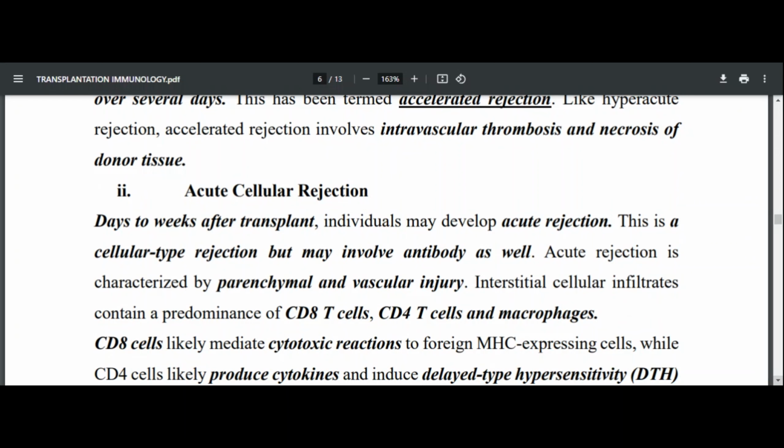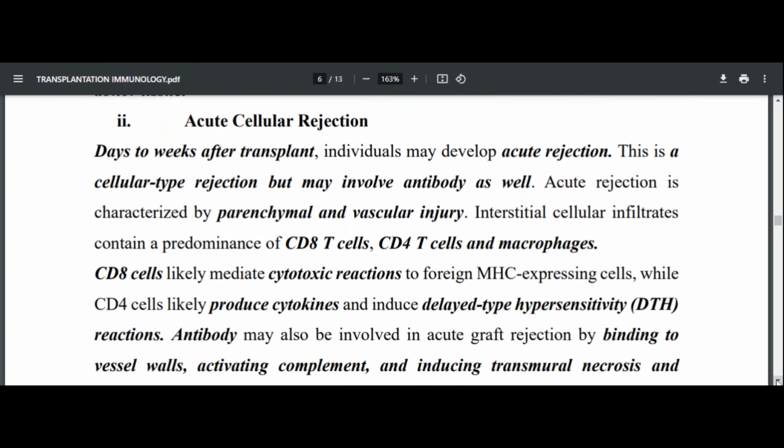So it is an injury of the parenchymal tissue and vascular injury, so blood vessels. The interstitial cellular infiltrates within the tissues may contain CD8 cells, CD4 cells, and even macrophages. CD8 cells are also called cytotoxic cells.